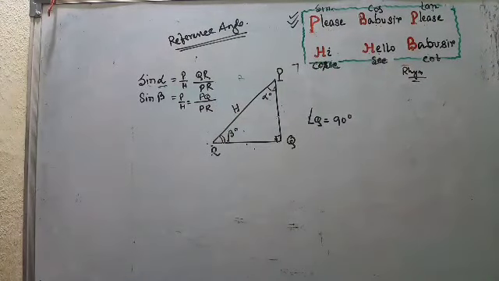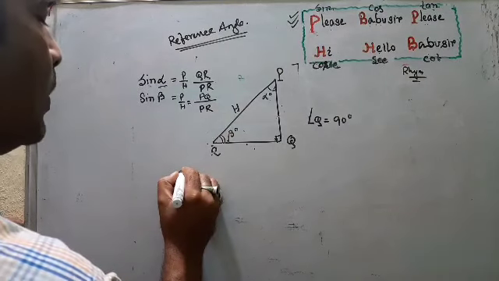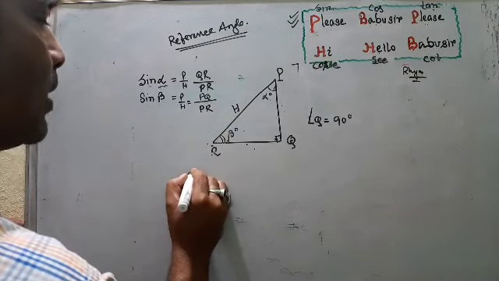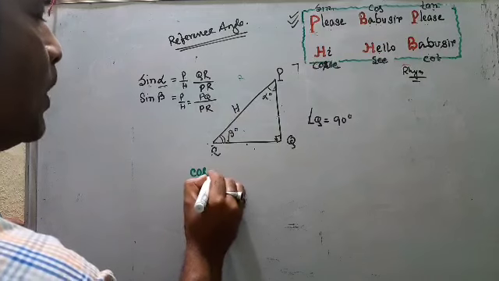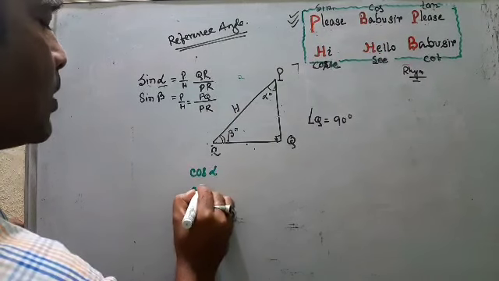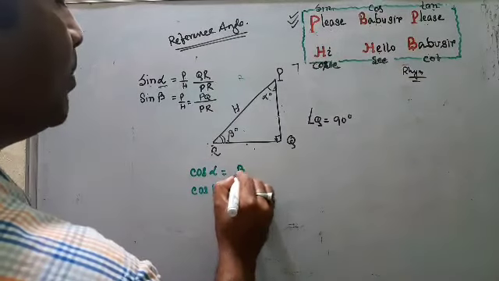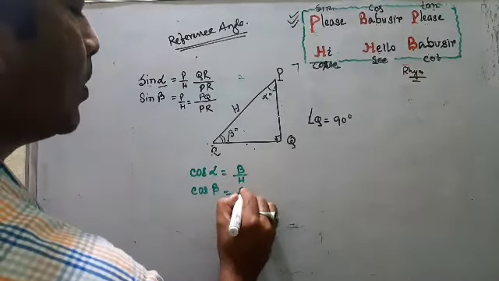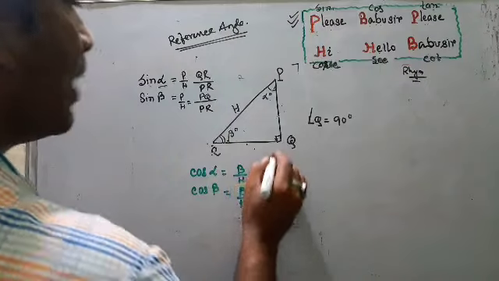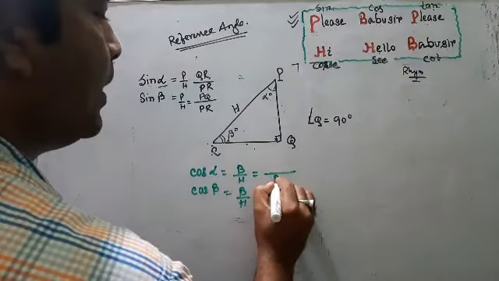Clear? If I check, what do I check? We can check cos alpha and cos beta. So for cos, B by H, here for cos also B by H. So my hypotenuse is confirmed, PR.